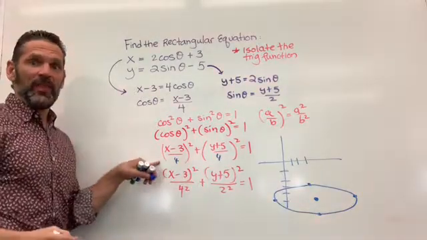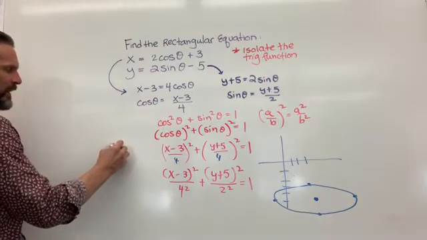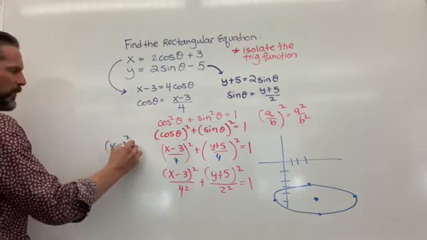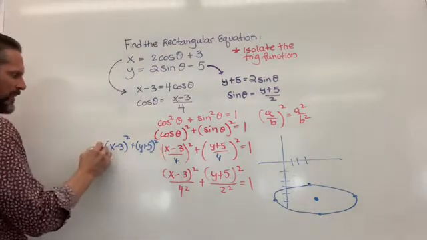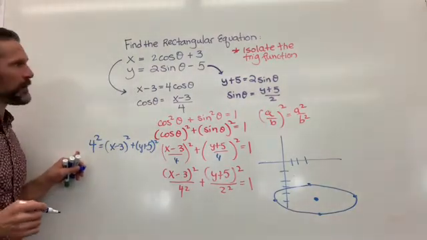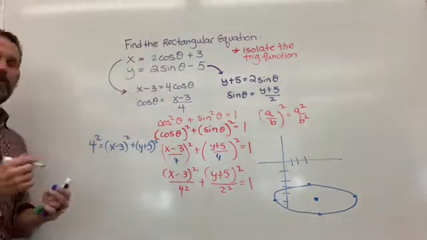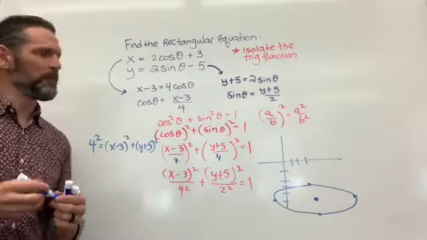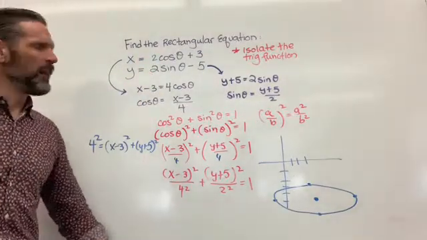If I multiply both sides by 4, I'd get x minus 3 squared plus y plus 5 squared equals 4 squared. And that would be a circle, of course. So the sine and cosine, if the coefficients out front are different, will give us an ellipse. But if the coefficients out front are the same, we'd have a circle.